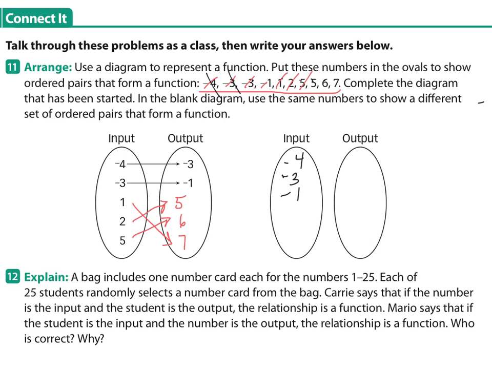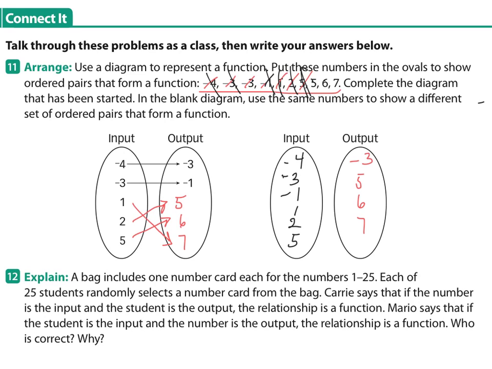I'm going to go with negative 1 and 1 and 2 and 5. All right, so let me cross these off so I remember that I used them. That's gone, and that's gone, and 2 is out, and 5 is out. And so here's what I'm left with. I'm left with these other numbers. So here's a negative 3, here's a 5, here's a 6, here's a 7.